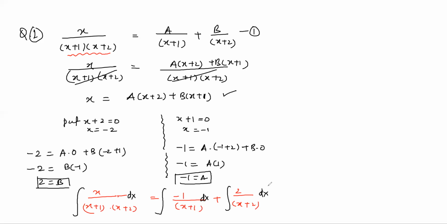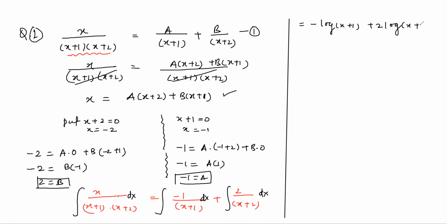Now guys, you can see that your question becomes very easy. Why? Because the right side is simply solvable by your formula for log x. So this will be minus log of x plus 1 and this will become plus 2 log of x plus 2.